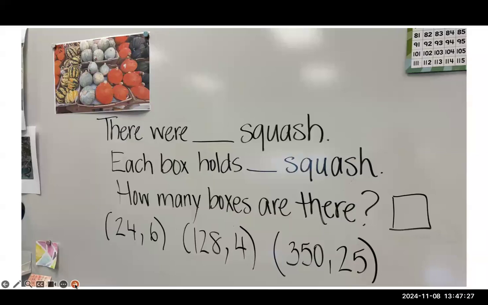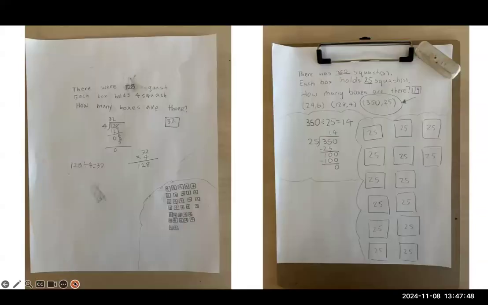So here we've got, for example, the first one would be there were 24 squash. Each box holds 6 squash. So how many boxes are there? I also had 128 divided by 4, and then 350 divided by 25. And again, I didn't have any students choose any extra different numbers for these, but let's have a look at some of the ways students solved this problem.